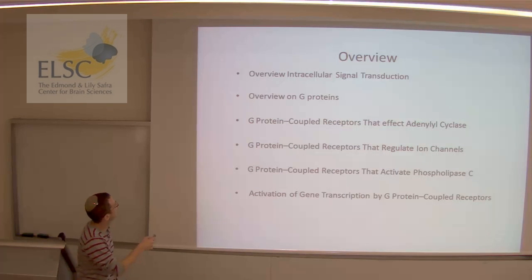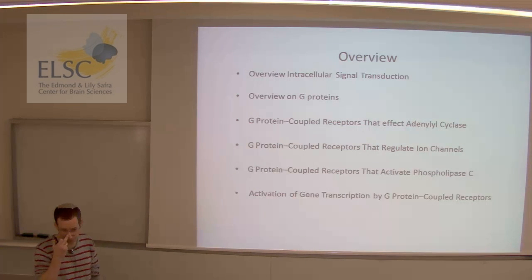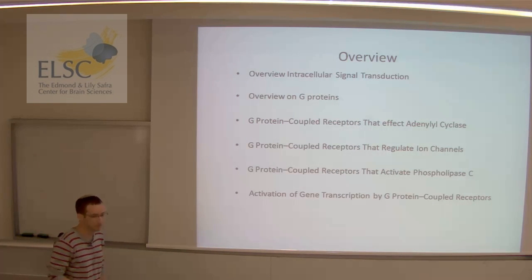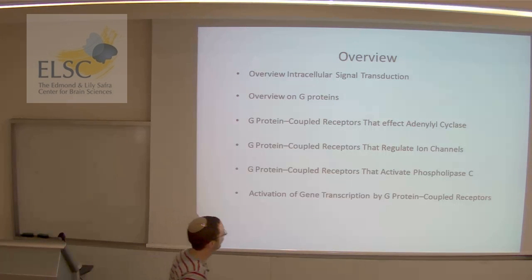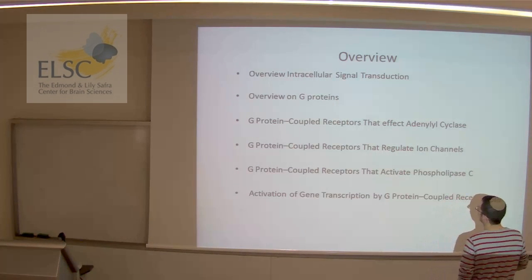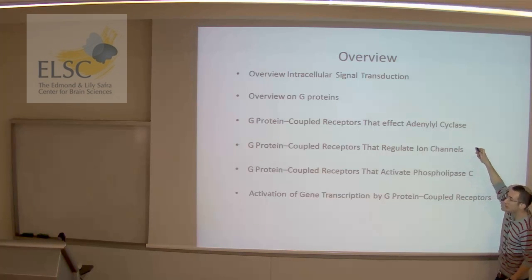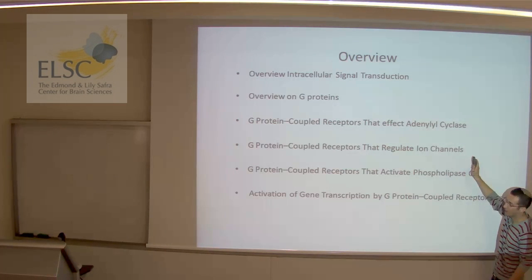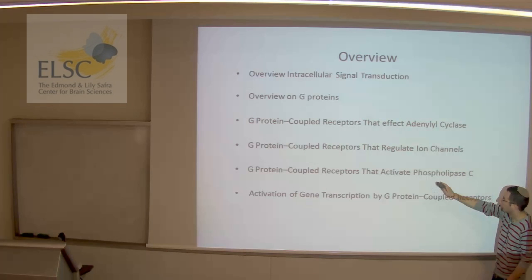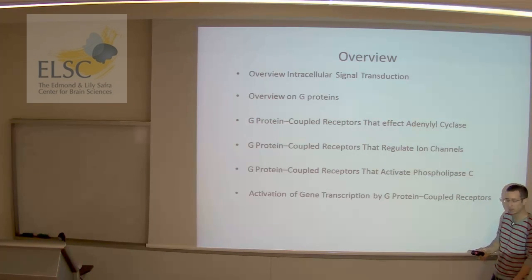Okay, so we will start with a general overview of intracellular signal transduction, some principles. Then we will meet the G protein family, some principles of structure and function, and then we will focus on three distinct pathways through which G proteins act: those that act through the pathway of adenylyl cyclase, those that regulate ion channels, and those that act through phospholipase C, another major player in cells.